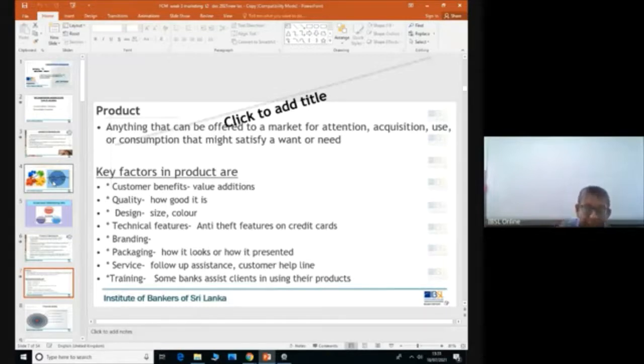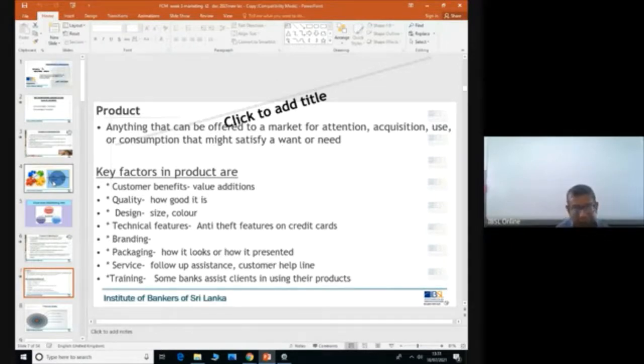A certain sophisticated machine. You need to provide training for that product. So for a financial product also, the bank will tell you how to use it, how to invest the money and all these things. So remember, the product has these attributes.